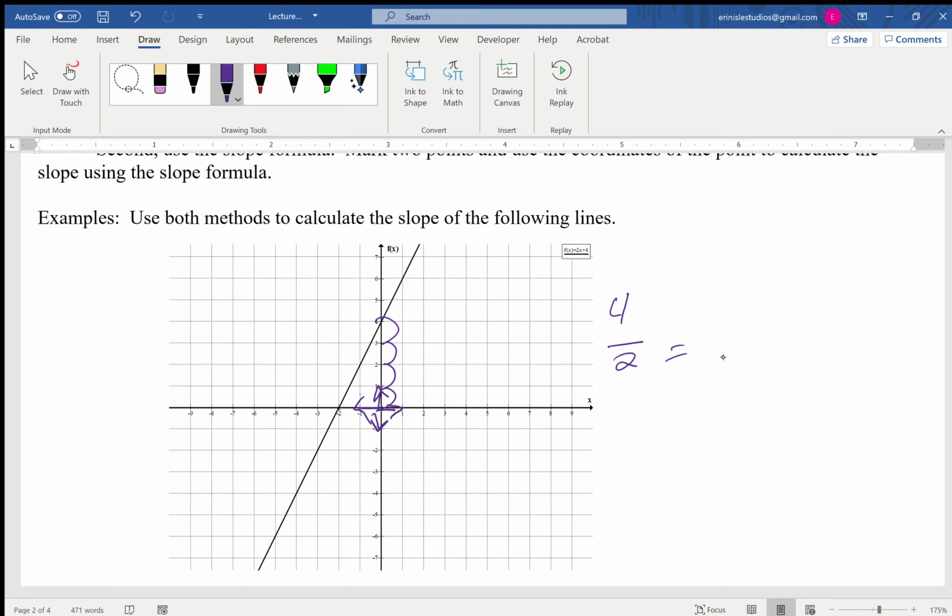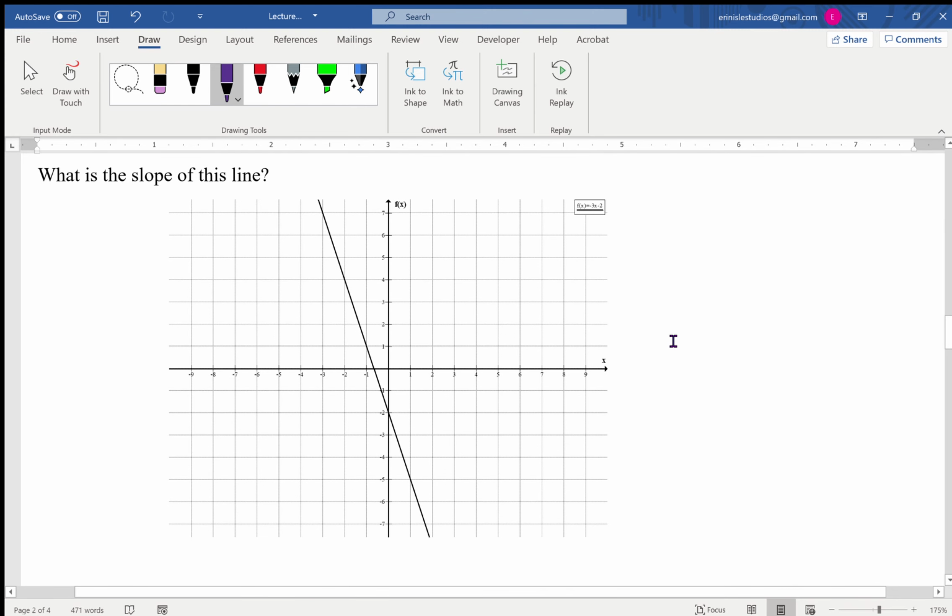So it's going to be a positive slope of 2. Now, you read a graph the way you read a book, left to right. So if your line is rising as you read this graph, that means it's going to have a positive slope. If, on the other hand, it was falling as you read it from left to right, it's a negative slope.